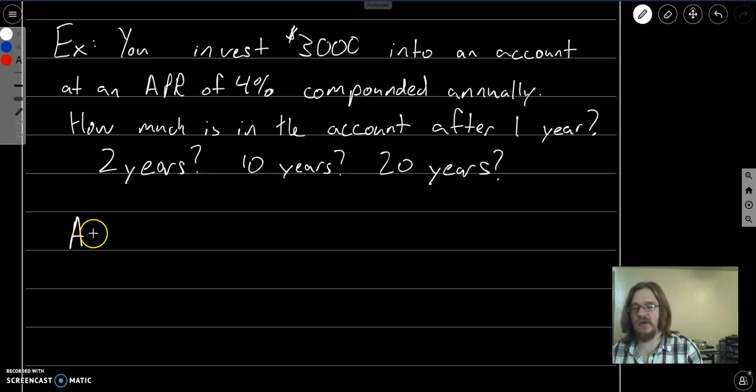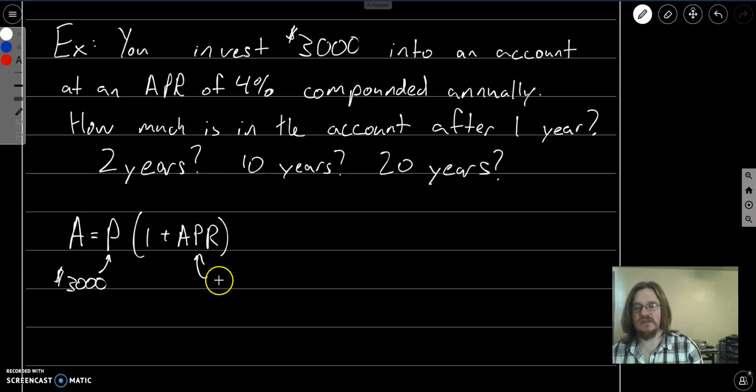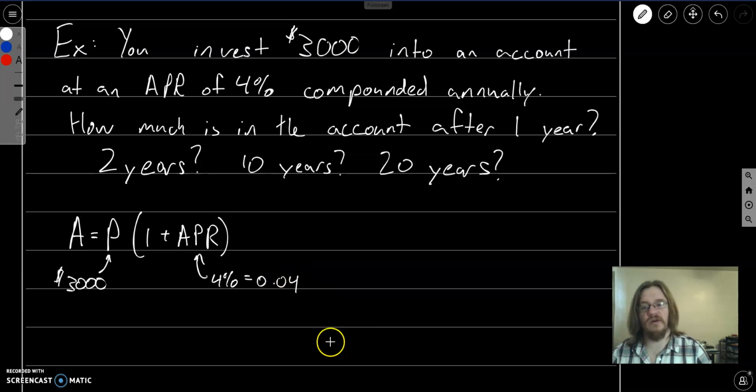So again, our formula, the amount of money in our account is going to be our principal, which is going to be $3,000 times 1 plus our APR, our interest rate, which in this case is going to be 4%, which we want to write as a number, which is going to be 4 divided by 100, or 0.04. And we're going to raise that to how many years we're going to keep this in the account. 1 year, 2 years, 10 years, 20 years.